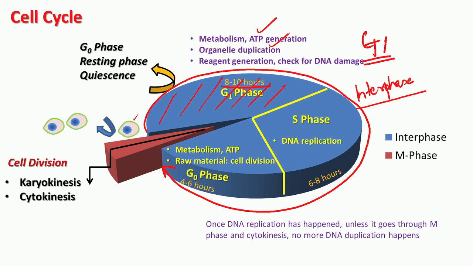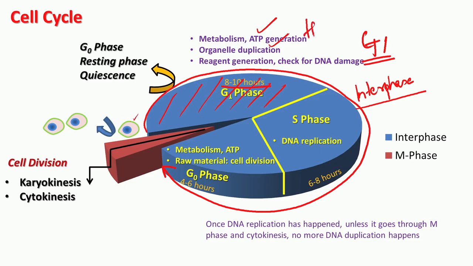generates enough resources. Now, one of the major resources which have to be generated in bulk quantity are the histones, because if the DNA is going to get duplicated, the new DNA has to be organized as a chromatin structure, and for that lots of histones are required.